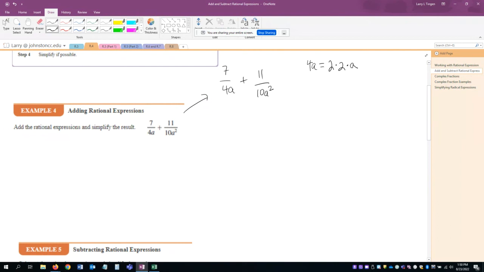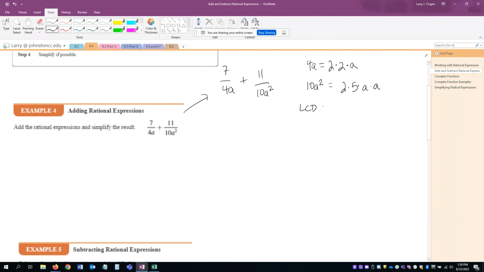So if it's 2 times 2 times a, that's one denominator. For the next one, the other denominator is 10a squared. Break down 10 to its prime factors, it's 2 times 5, right? And then a squared is a times a. So these are the prime factorizations of the two denominators that I have.